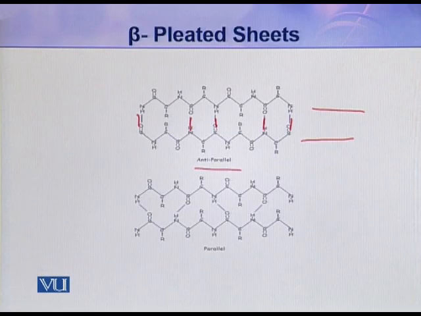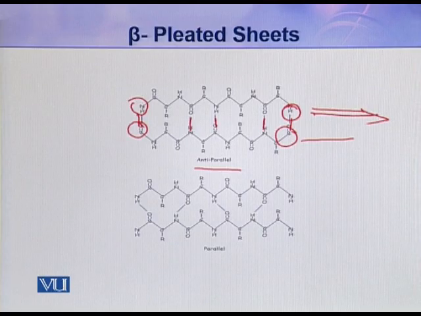Anti-parallel means at this corner, you can see this is an amino group, and on the other chain here is a carbonyl group. If you see on the other side, same, one is an amino group and the other one is a carbonyl group. So the direction of these polypeptide chains is like this. One is moving in this direction and the other one is moving in this direction. So this is called an anti-parallel beta pleated sheet.